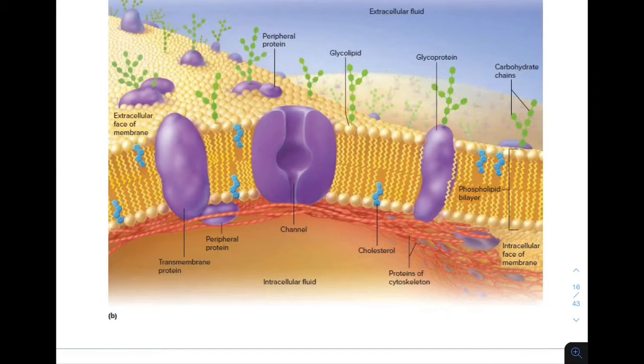All the time we use proteins to do things like help different ions go into or out of the cell. So in this picture, we have here the cell membrane of an animal cell, like maybe a cell in your body.